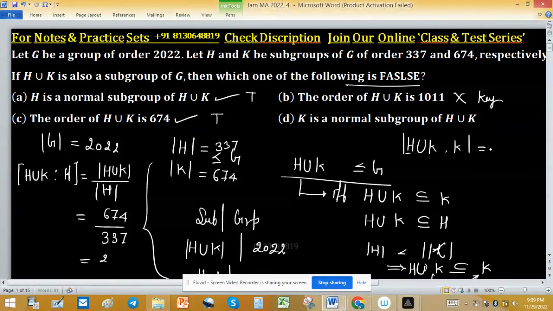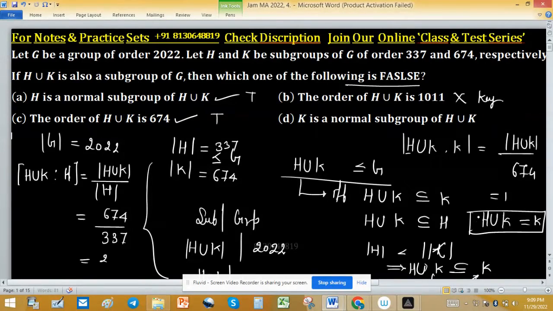So the index is equal to the order of H union K divided by the order of K, and this index is 1. If the index is 1 or the index is 2, then it is always normal. And we know that the union of the subgroups is equal to K. That's why any subgroup is normal in itself. Option D is also true. So the key for this problem is option B.